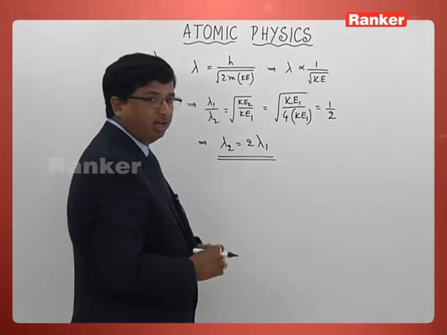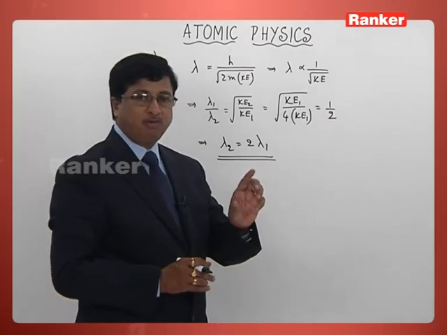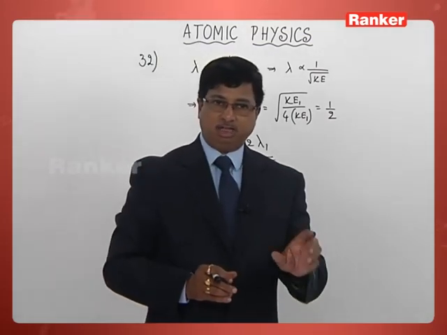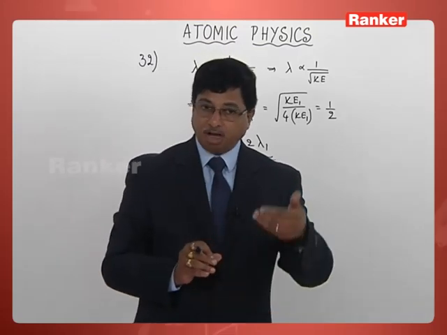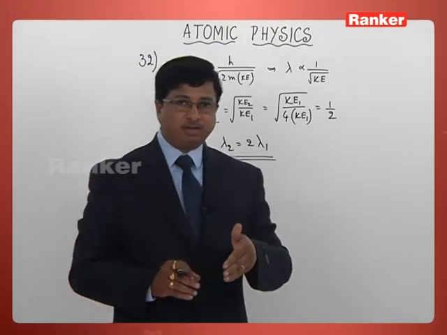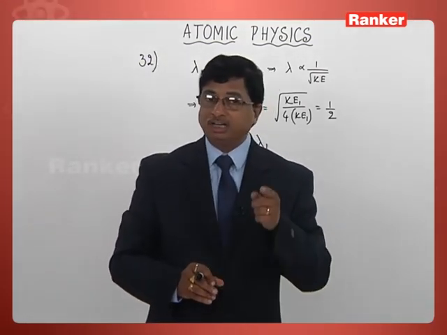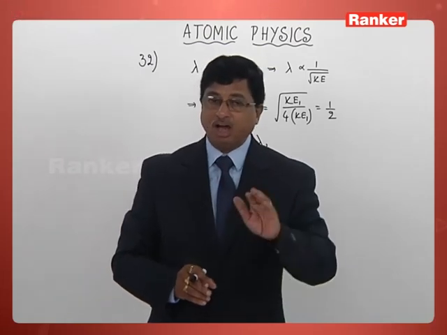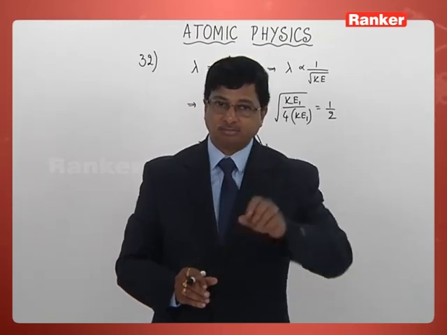Observe the condition carefully now. The initial de Broglie wavelength was lambda 1. Now it is 2 lambda 1. Can't you understand? It is being doubled. Doubled means, in terms of percentage, how much? 100% rise.